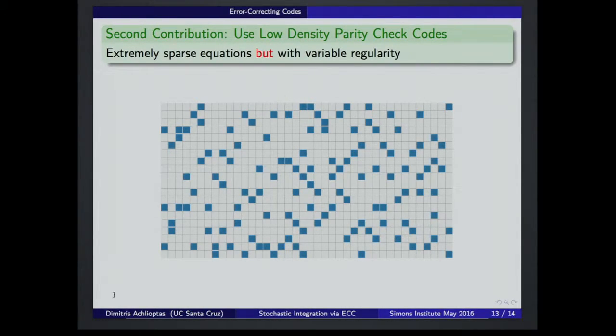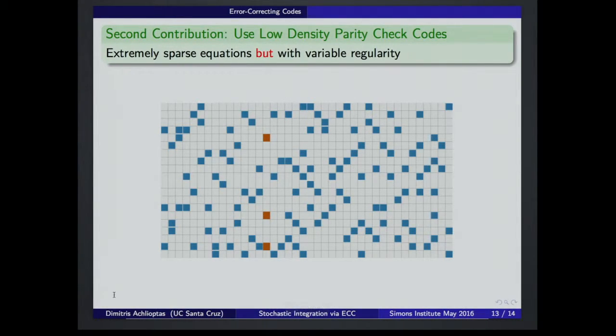I could have made everything blue with probability p. And like I told you, that doesn't work. So I'm going to do now something which is only slightly more intelligent than this. I will maintain the sparsity, but I will additionally require a lower bound on the number of blues in each column. Specifically, I will require that every column has at least 3 blues. And here's what happens.